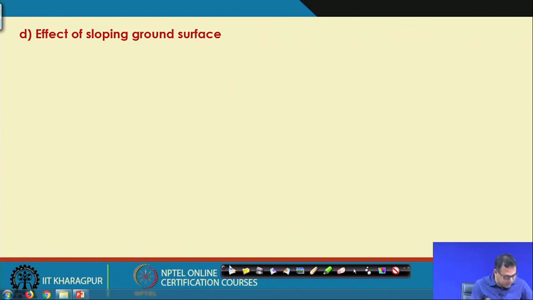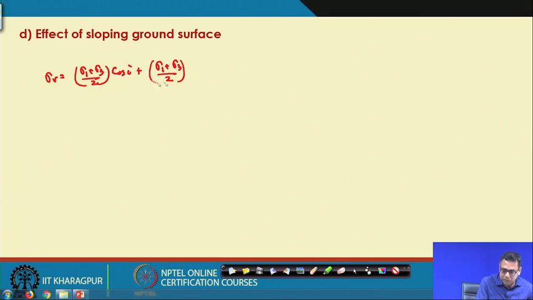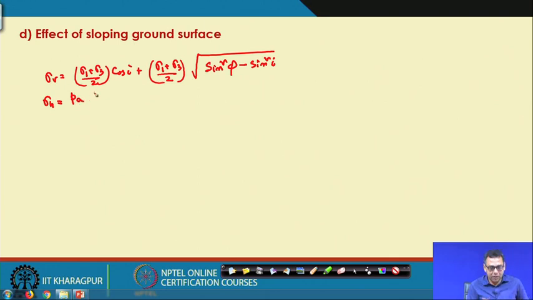Now, finally, I can write that sigma v is equal to sigma 1 plus sigma 3 divided by 2 cos I plus sigma 1 plus sigma 3 divided by 2 root over sin square phi minus sin square I. Okay. And here sigma h is equal to PA. This is the horizontal stress and it is the active case.